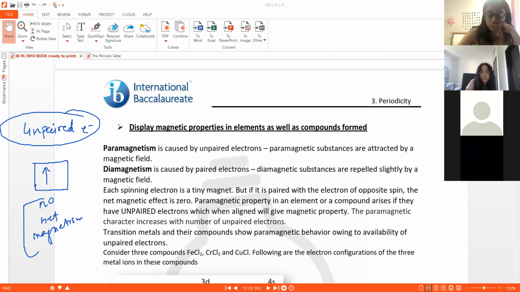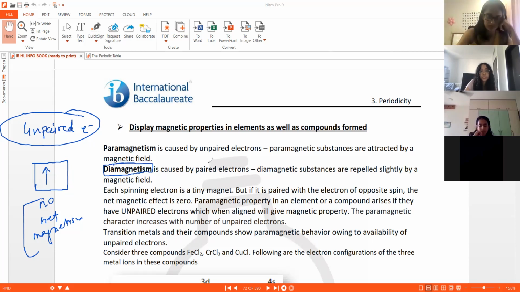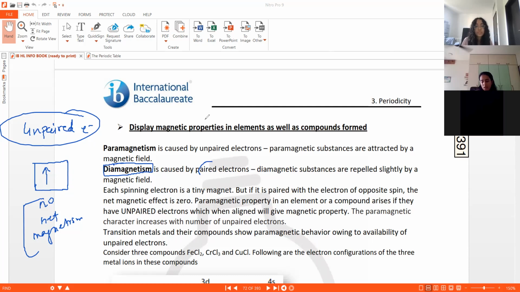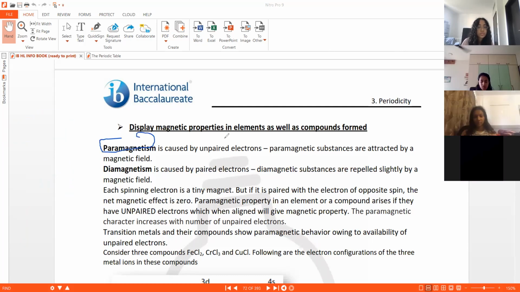So that's diamagnetism. Diamagnetism is due to paired electrons. Paramagnetism is due to the unpaired electrons. So any element or compound which has unpaired electrons will show the paramagnetic properties, which means they are attracted by the magnetic field.